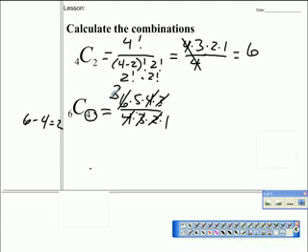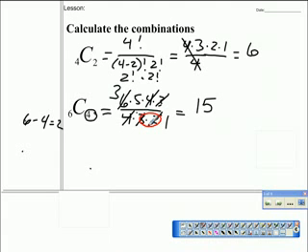Can I cancel that way? 2 goes into 6 3 times. 3 times 5 is 15. So that's 15. Now realize I could have started off, when I started to cancel, by saying 3 times 2 is 6 and canceling with the 6 right away.